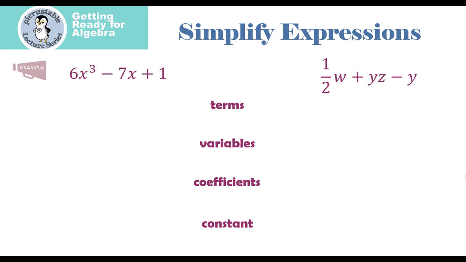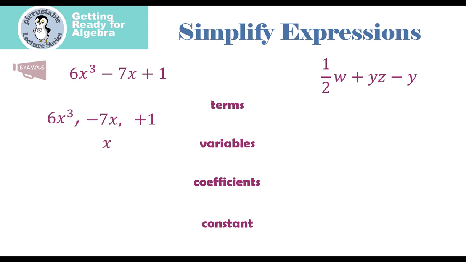Let's look at our first example. In this one, we're going to identify the terms, variables, coefficients, and any constants. So in the first one, 6x to the third minus 7x plus 1. 6x to the third is a term. -7x is a term. And 1 is also a term. What are the variables?